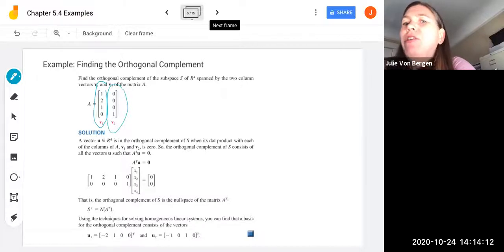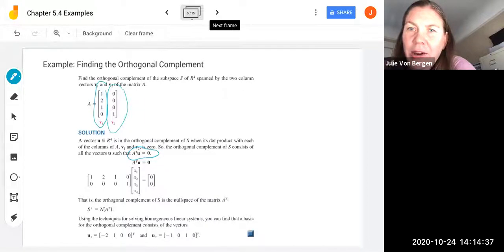A vector u in R4 is in the orthogonal complement of S when its dot product with each of the column vectors of A, v1 and v2, is 0. So the orthogonal complement of S consists of all the vectors u such that A transpose multiplied by u equals 0.